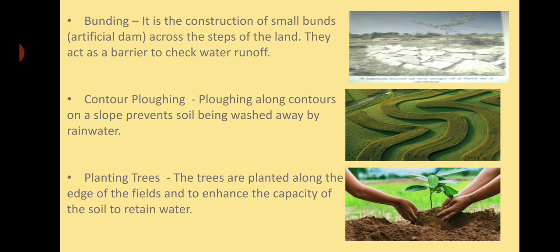And one thing we can do is the planting of trees. This is a sort of afforestation, especially planting along the edges of the field. This will help in retaining the moisture in the soil, increasing the underground water table and the fertility of the soil.